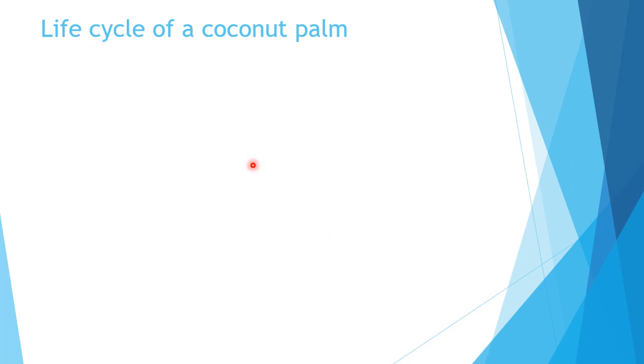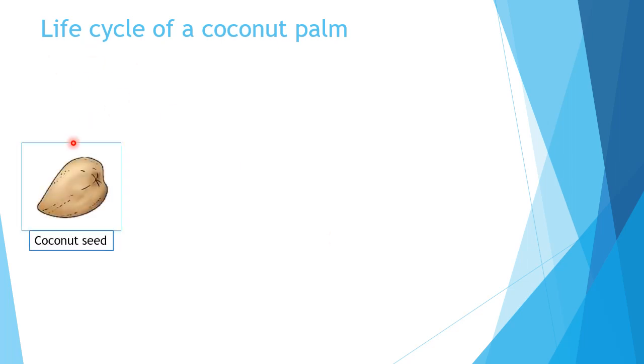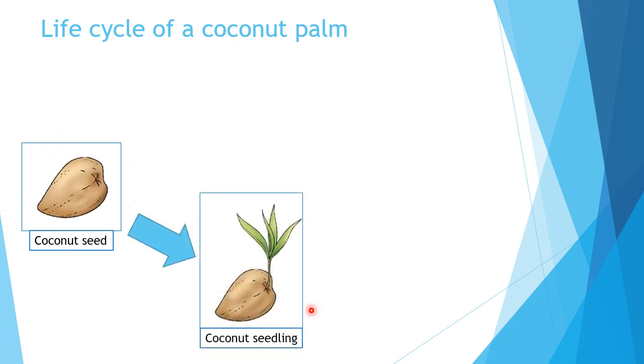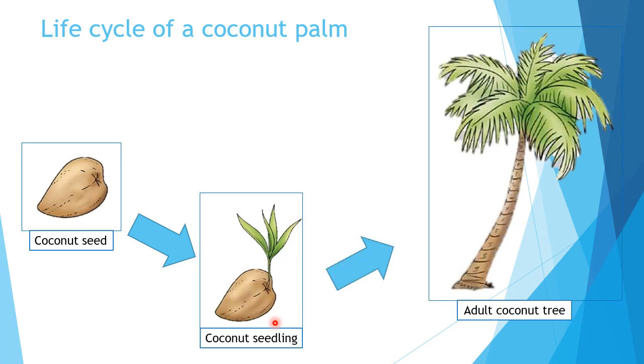So if dalam gambar, we start from the seed, so coconut seed, to coconut seedling. So ini punya seedling, tu ada tumbuh ke atas, and then akarnya akan ke tanah. So ia jadi adult coconut tree.